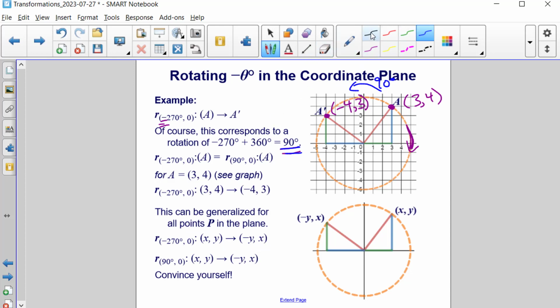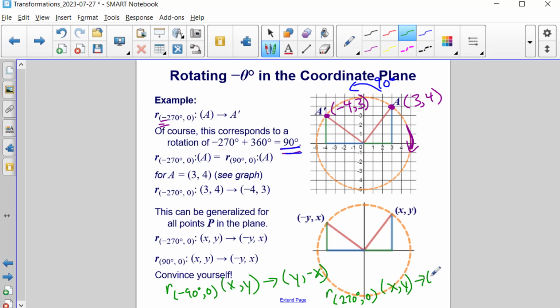Similarly, you could also show that a rotation of -90 degrees about the origin of x, y will yield y, negative x, and this was equal to our rotation of 270 degrees about the origin of x, y, and that yielded y, negative x also. We discovered that on a previous slide.